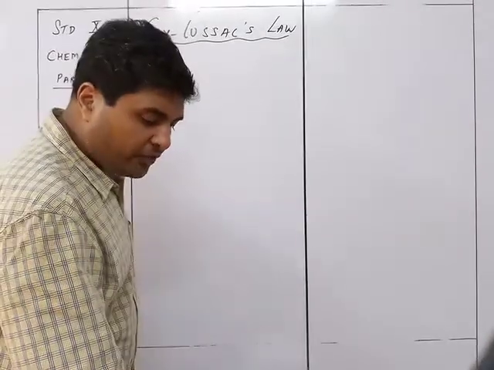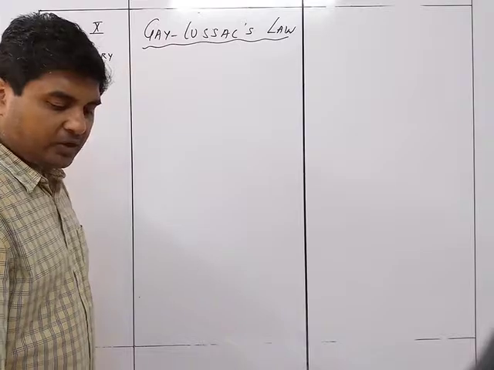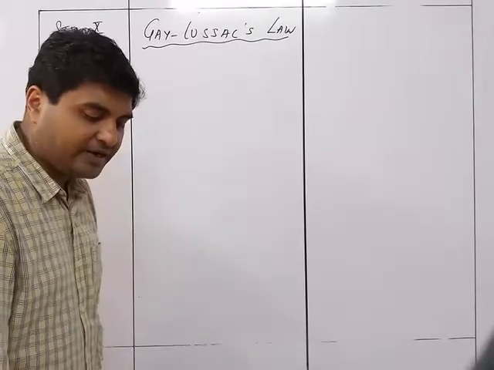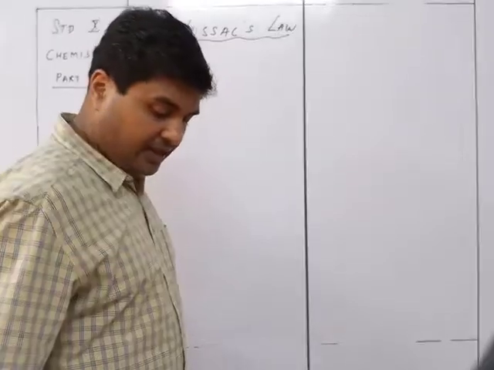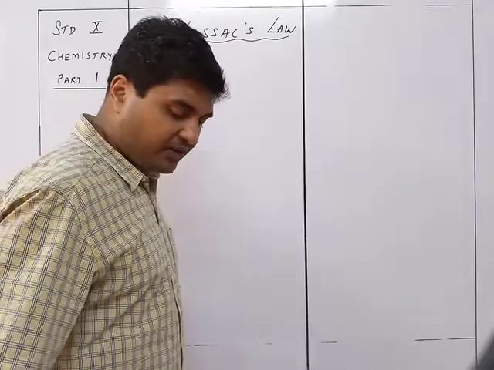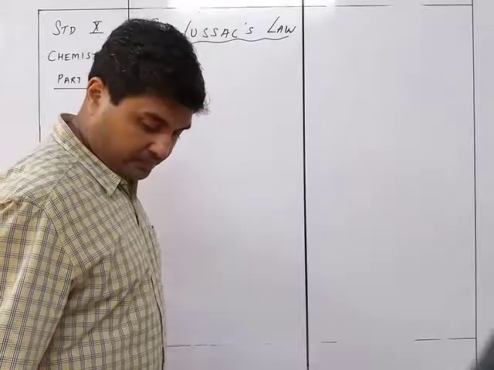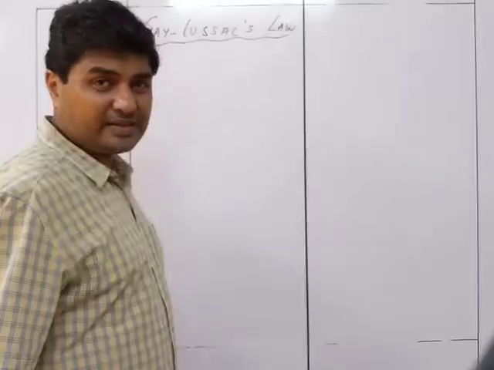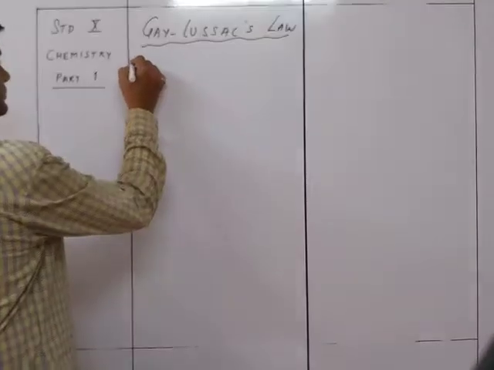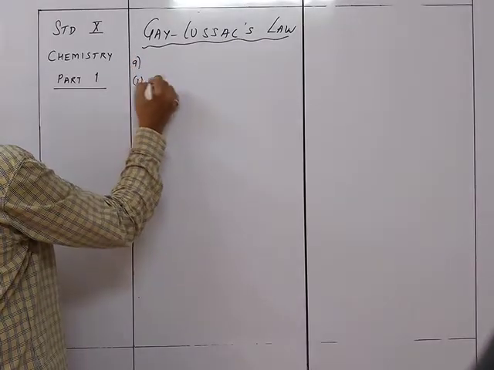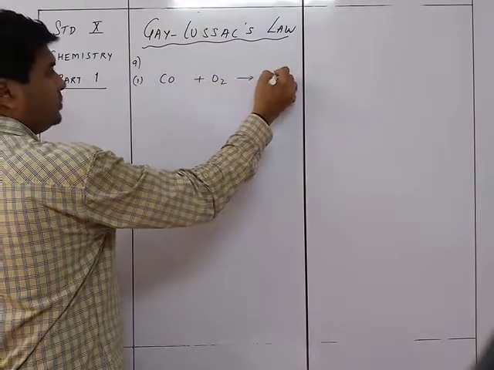A mixture of 10 centimeter cube of CO, 60 centimeter cube of H2, and 25 centimeter cube of CH4, that is methane, are mixed in 750 centimeter cube of air containing 20% oxygen. So here you can see there are three equations we are going to have. The first equation is CO plus O2 giving me CO2.